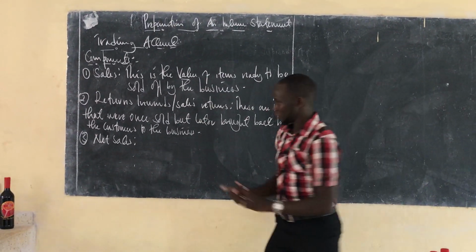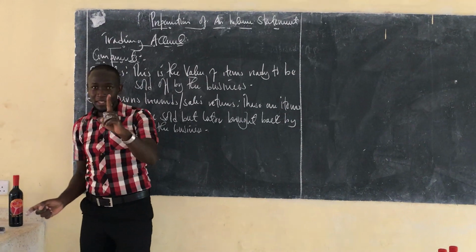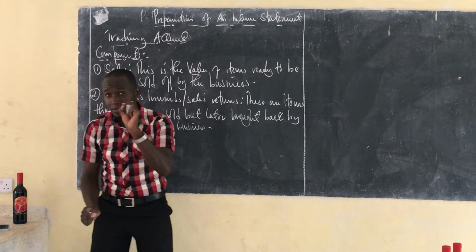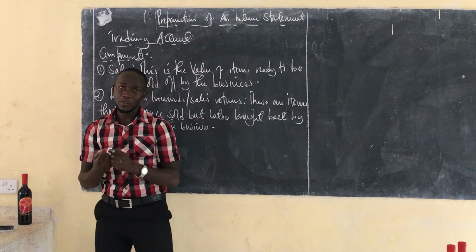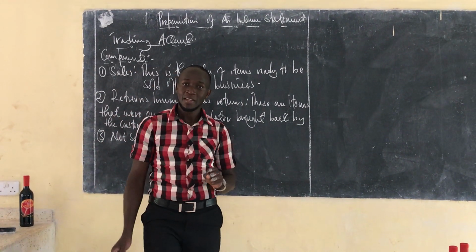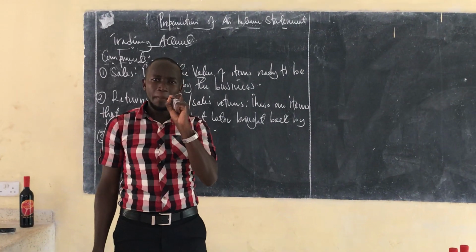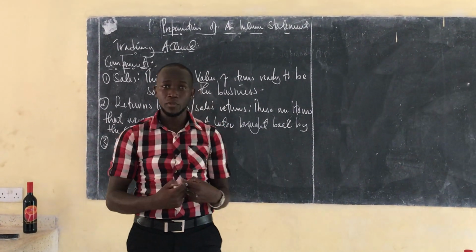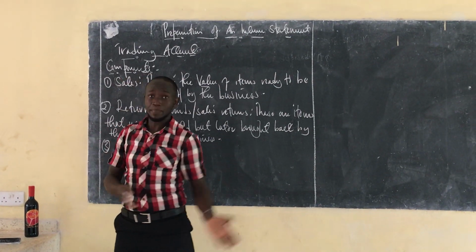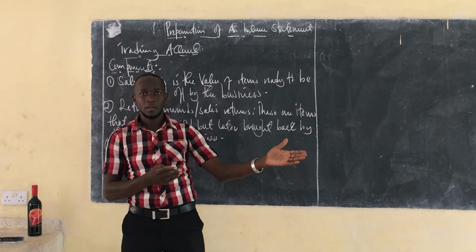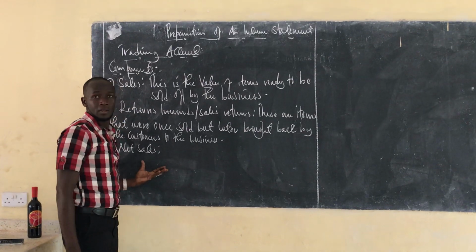Now, 1 bottle was brought back. An implication that the total sales in the beginning, you had recorded 3 bottles. When they brought back 1 bottle, we actually sold 2 bottles. So we are looking at the actual number of items, or the value of the actual items that we disposed of at a particular time. That's what we call the net sales.